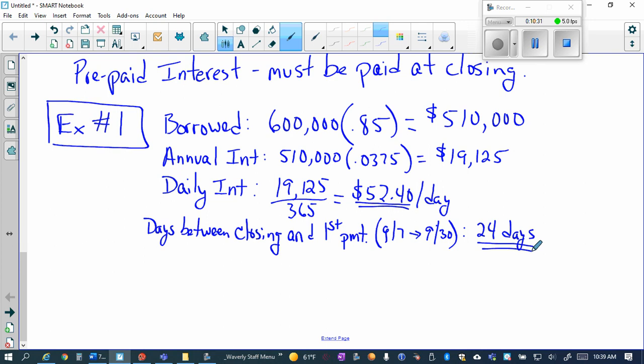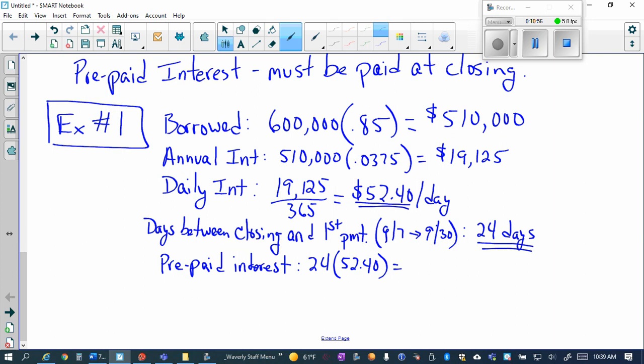Okay? So we take this daily interest and that number of days, and we can get our prepaid interest. So our prepaid interest that we'll need to take care of at closing is going to be 24 days at $52.40 each day that the interest builds up until our first payment.